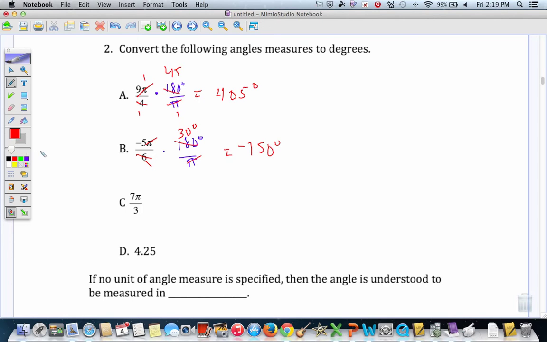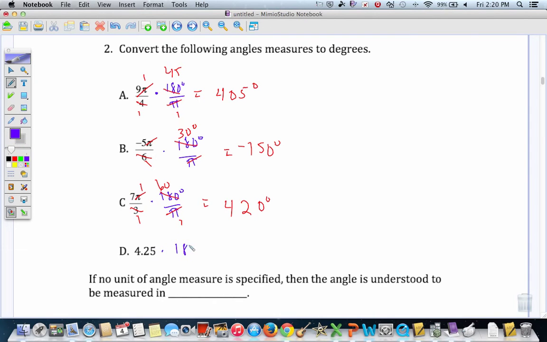So we wind up with negative 150 degrees. We'll keep going here. 180 degrees over pi. Go ahead and cancel the pi's. 3 and 180 are 1 and 60. So we have 420 degrees.